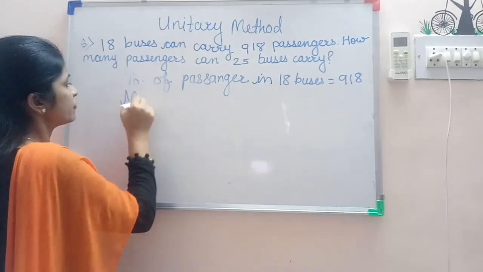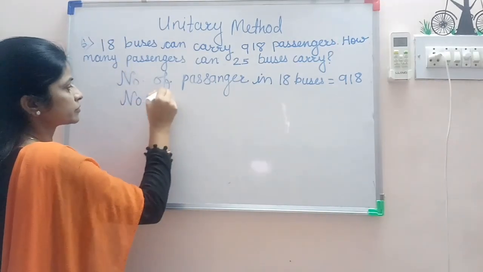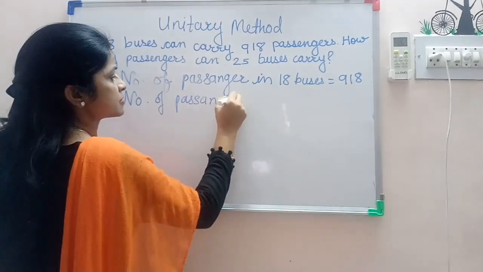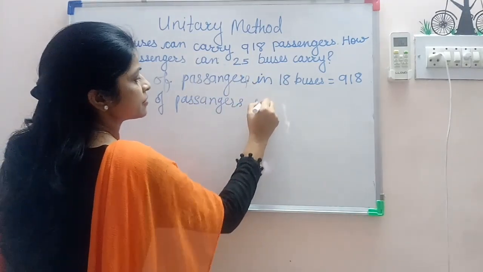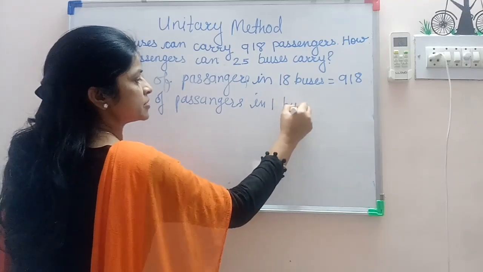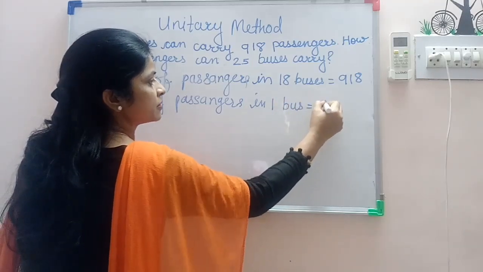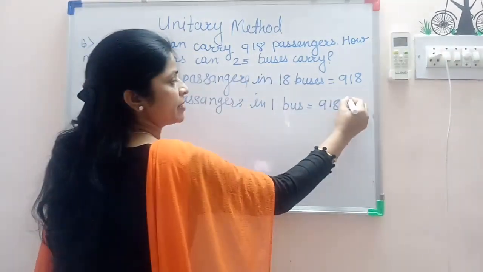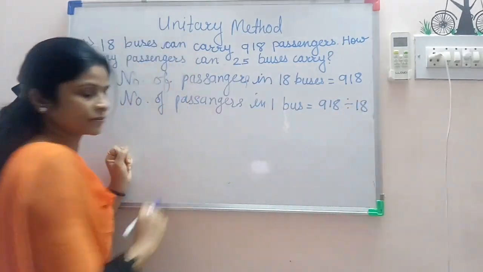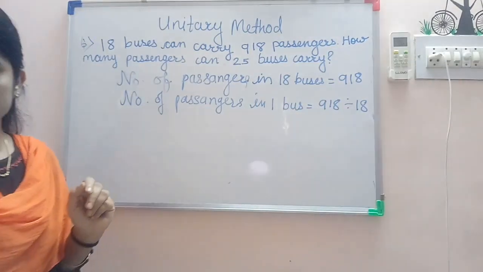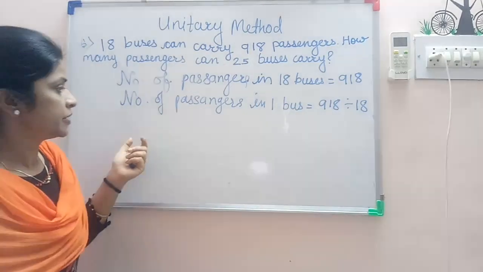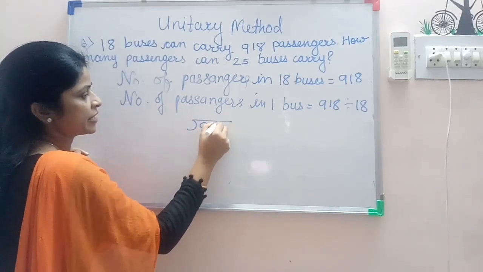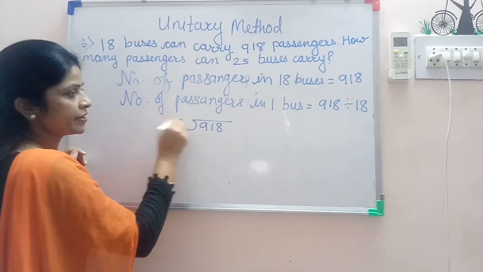Now first of all we have to find out passenger in one bus. So we'll write number of passengers in one bus. For that, how many passengers are there in 18 bus? That divided by 18. Okay student, now we will do first of all division of this. So 918 divided by 18.